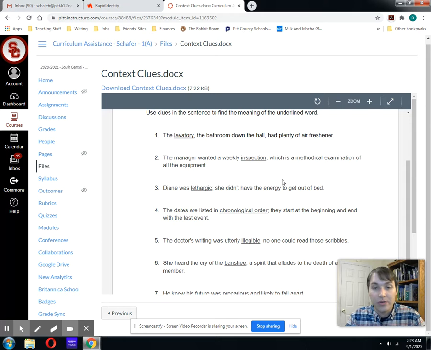Let's look at number 2. The manager wanted a weekly inspection, which is a methodical examination of all the equipment. So again, I have my underlined word, inspection. I'm going to look after it to see if anything defines it. And I'm going to see that right here, which is.